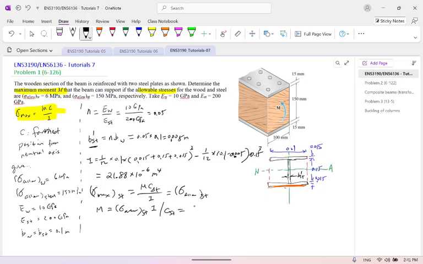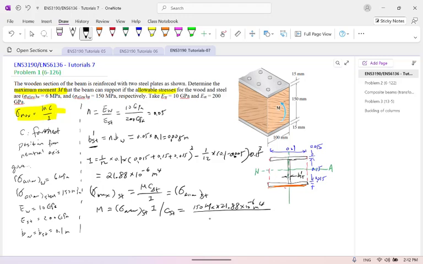So 150 megapascal times I, which we just worked out, times 10 to the power 6 meter to the 4, over c steel, of course the farthest way.